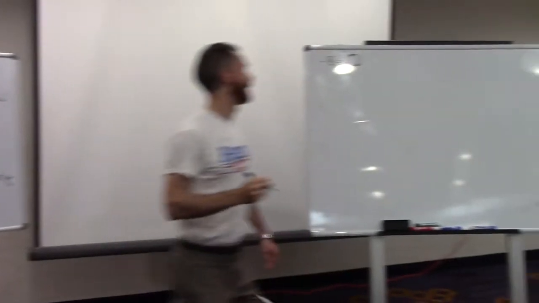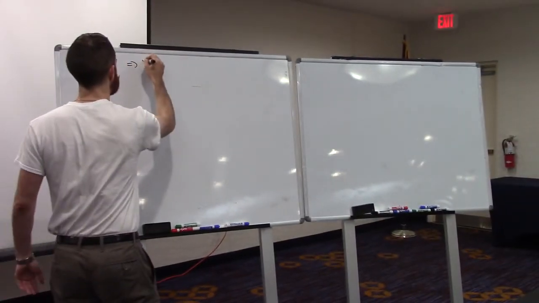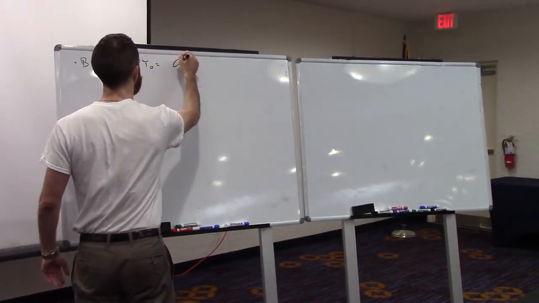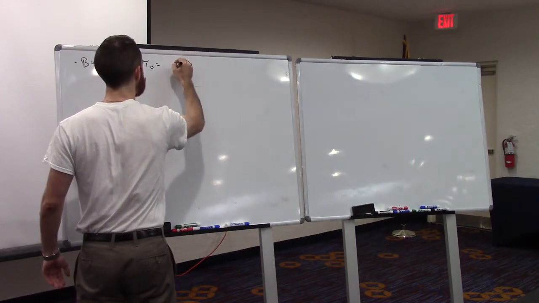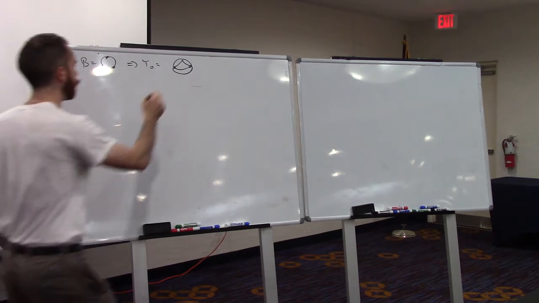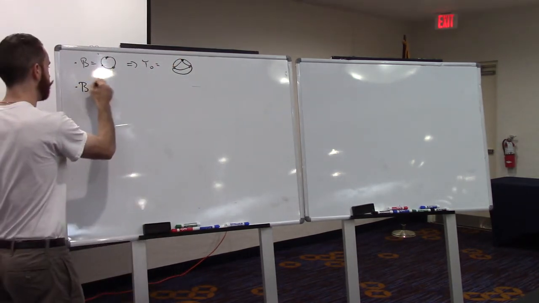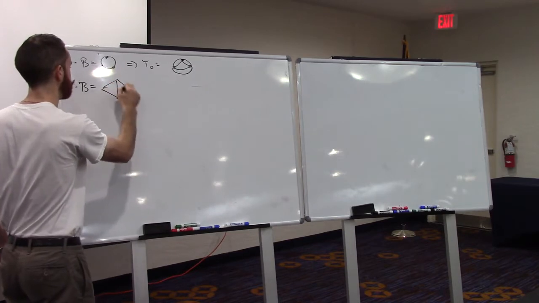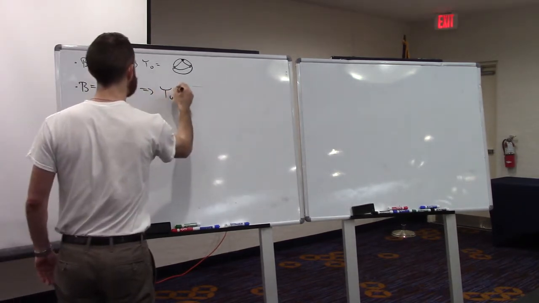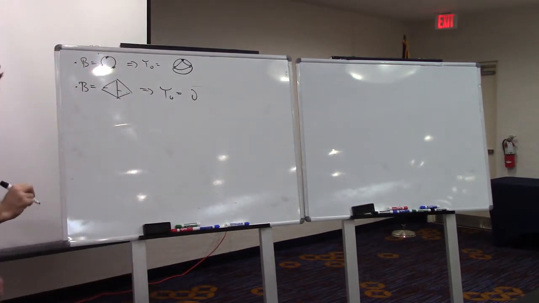In this case, when I had B as the circle with some number of points, that's going to tell me that Y0 is, well, there's not that many one-dimensional toric varieties, so Y0 is going to be a union of P1s. If I took B to be this tetrahedron, then Y0 would be the toric boundary of P3.